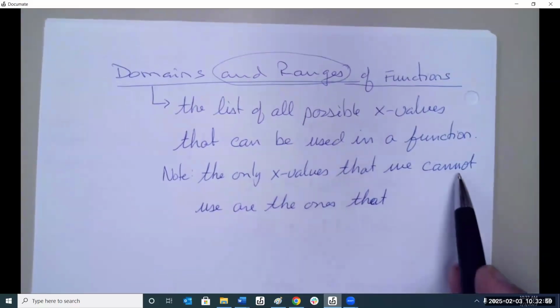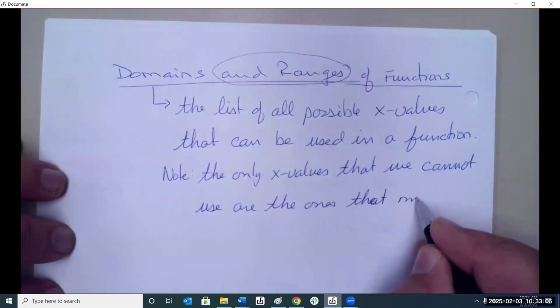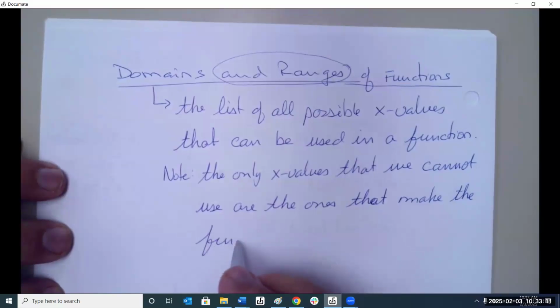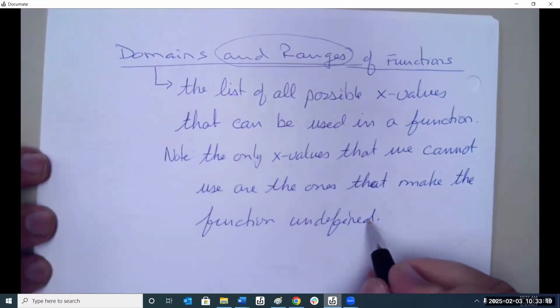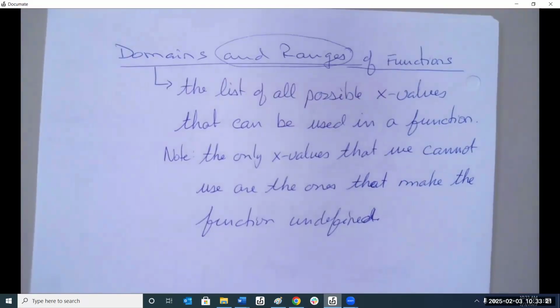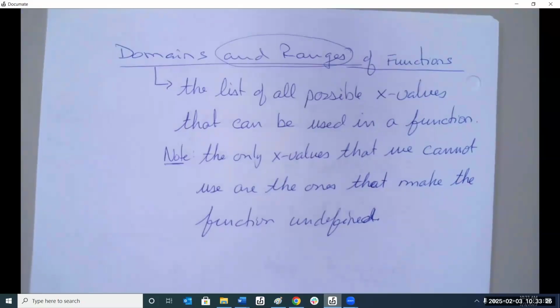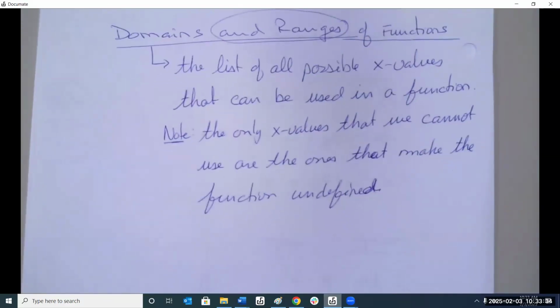The only x values that we cannot use are the ones that make the function undefined. So the only x values that we cannot use are the ones that will violate the rules of math. Again, this will become a lot easier once we discuss the library of functions.